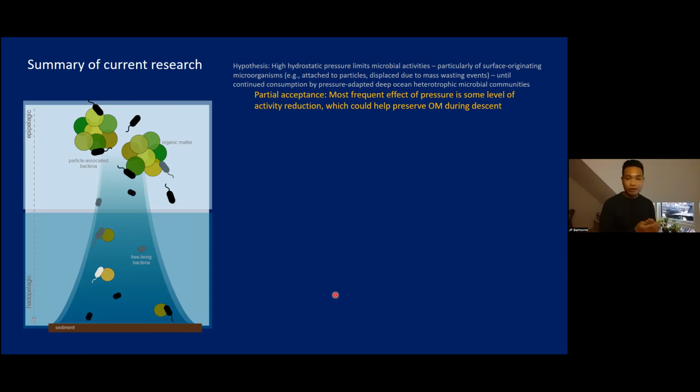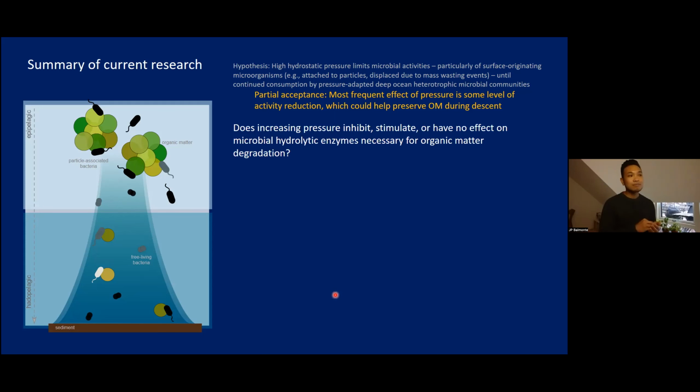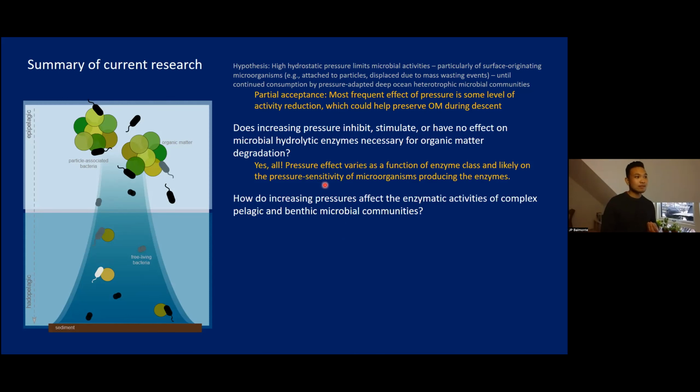So we kind of partially accept that, but actually the devil is in the details. When we look at specific questions, we see that yes, we can see pressure inhibition, pressure stimulation, or pressure insensitivity. And we think that this pressure effect varies as a function of which enzymes we're looking at, as well as the pressure sensitivity of the microorganisms that are producing the enzymes.